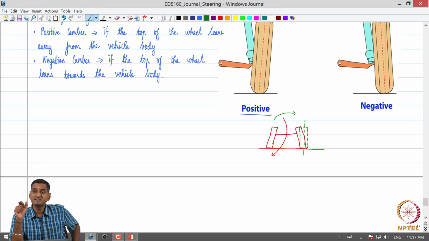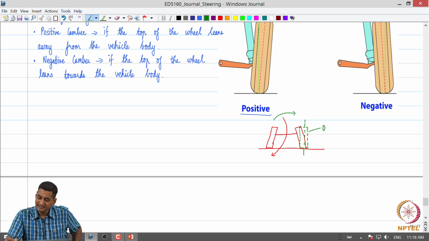So, what this means is that we get a good so-called grip at the tire road interface when the vehicle is taking a turn with a small negative camber. This is also an advantage as far as the outer wheel is concerned, because this is the outer wheel in this particular case. Why?